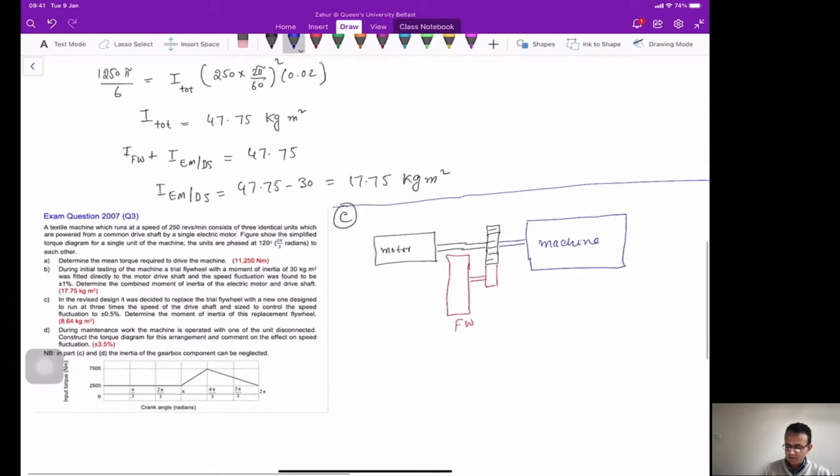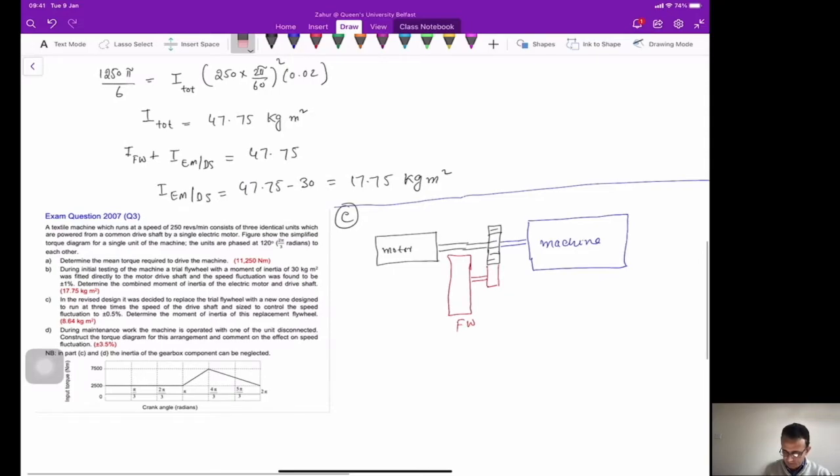So in this revised design, the speed of the flywheel, the omega of the flywheel, is 3 times the omega for the drive shaft, which was given in the previous case as 250.